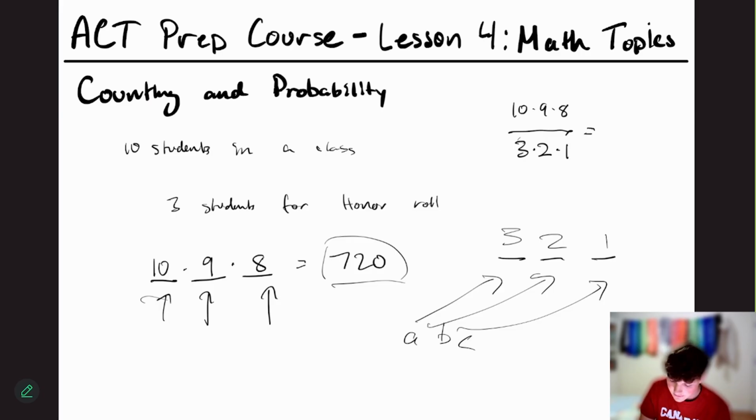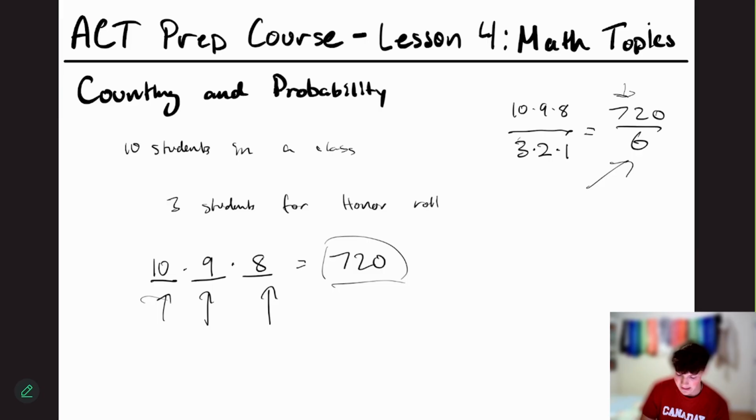So what we see here is we get 720 divided by 6, because every single combination we counted in the 720 had 6 equal combinations. Basically, ABC can be written in 6 different ways: ABC, ACB, BAC, BCA, CAB, CBA.